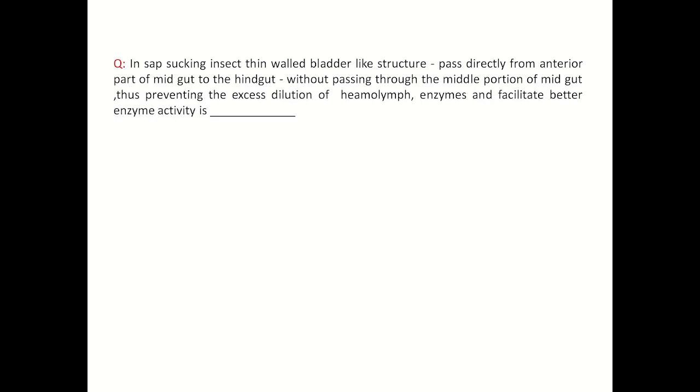To get protection against adverse conditions and natural enemies, the pupa is enclosed in a protective cover known as cocoon. In sap-sucking insects, a thin-walled bladder-like structure passes directly from the anterior part of the midgut to the hindgut without passing through the middle portion of the midgut, thus preventing excess dilution of the haemolymph enzymes and facilitating better enzyme activity.